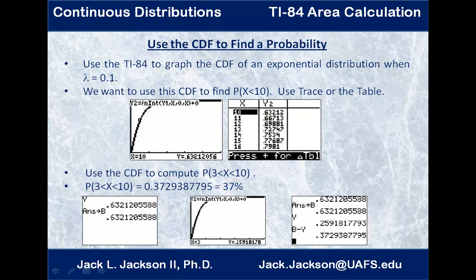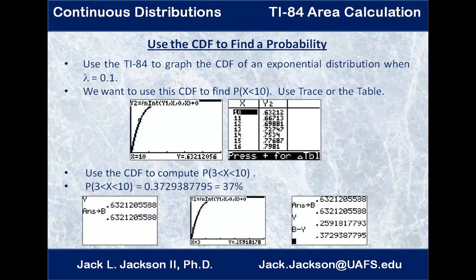Or we can look at the table and make sure we've got 10 in the table and see what the y is that goes with that. Either way, we get about, well, looks like about 63.2% of the area is to the left of x equals 10 on the PDF curve, and on the CDF curve the y value is 0.63 when x is 10.